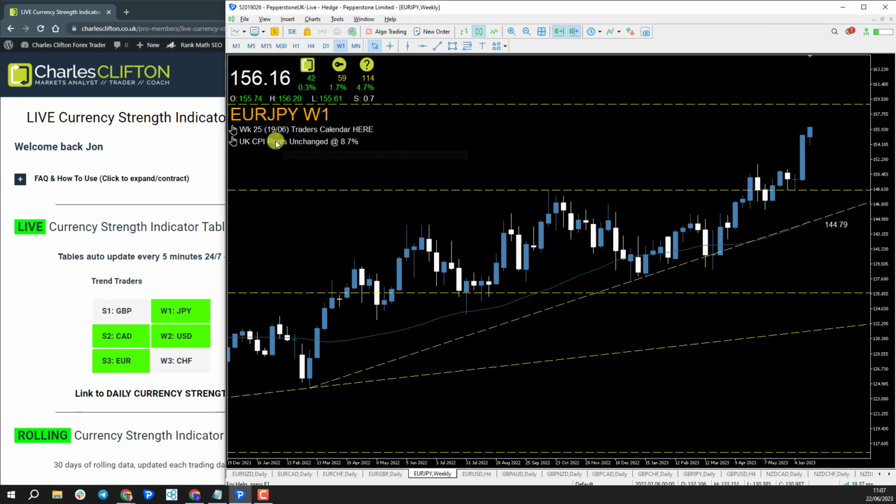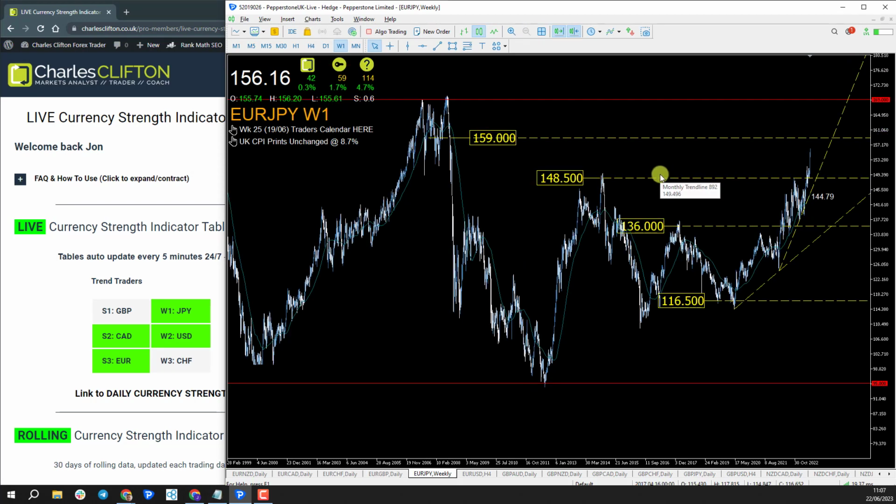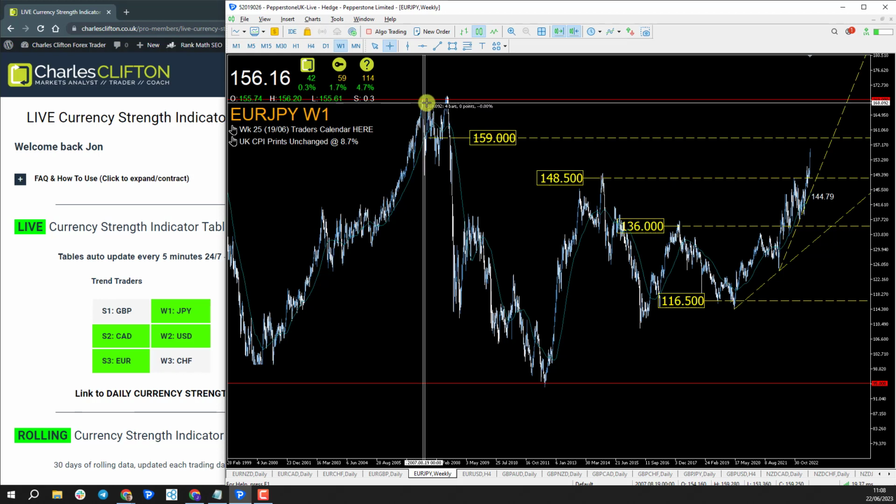Looking at Euro yen then, so I'm on the weekly time frame and I've been looking for ideas of where price could potentially go to. Now there's only kind of two areas that I can really point out on the chart where price may want to approach. Now we do have the 159 level, which kind of cuts through this range that happened back in 2007 and 2008.